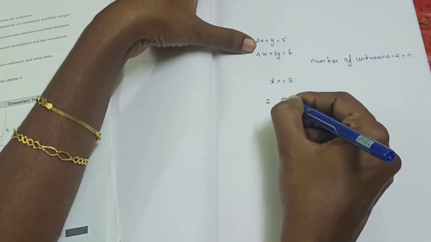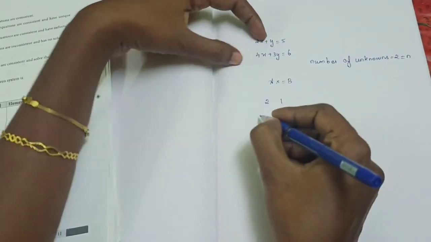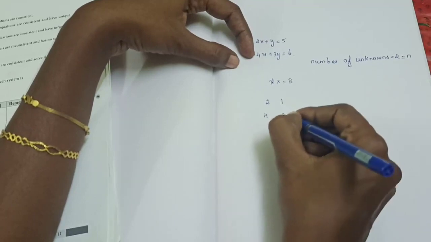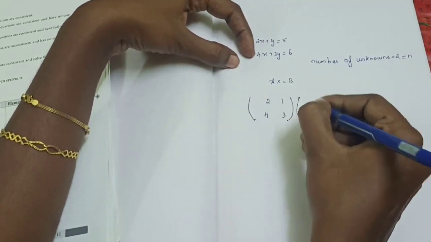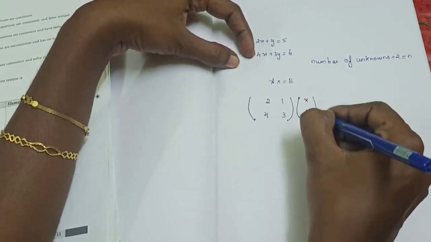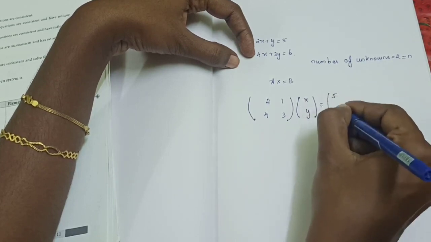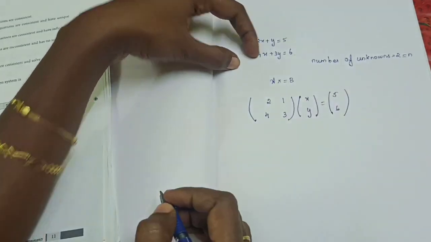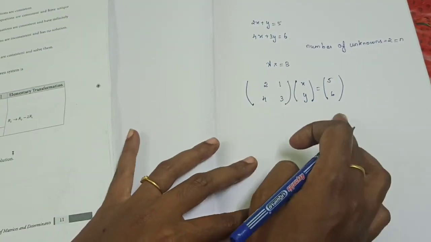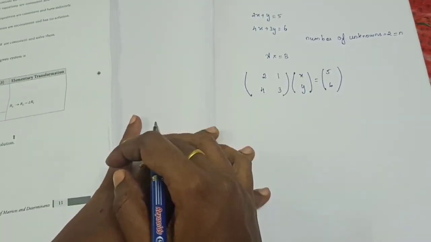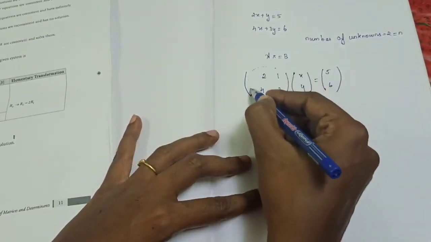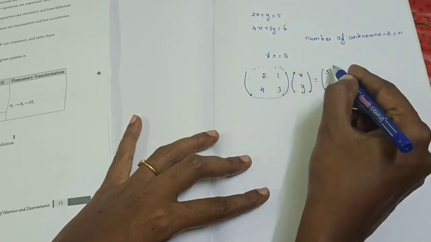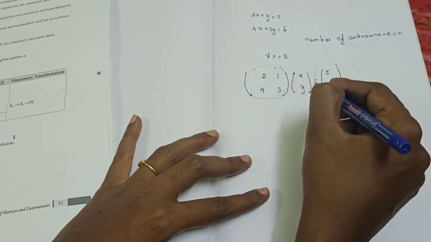The coefficients are 2, 1 and 4, 3, then X is x, y, and B is 5, 6. So now it is in the form AX equal to B. This is matrix A and this is matrix B.